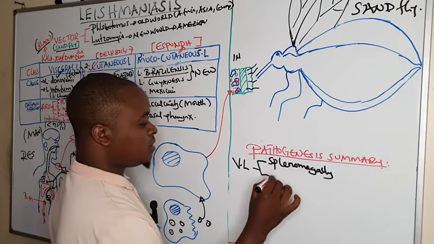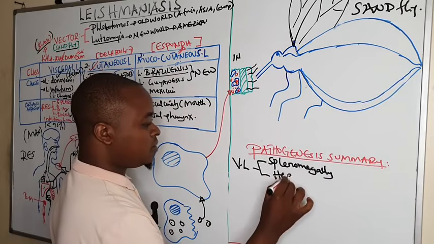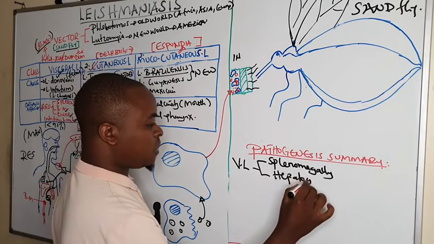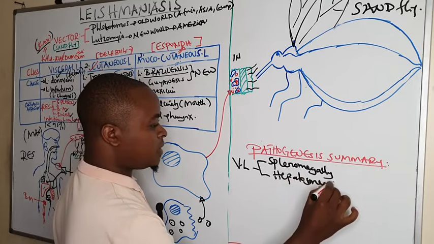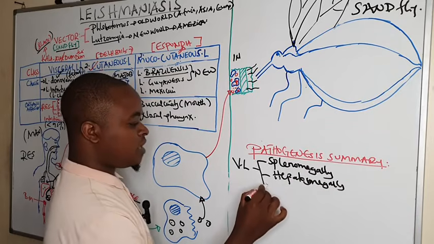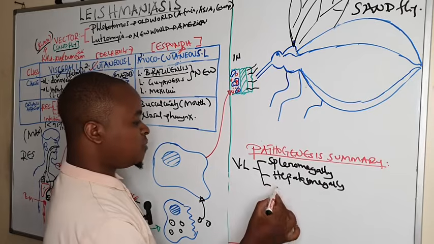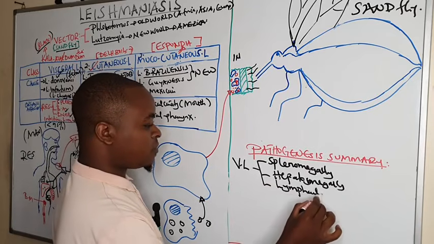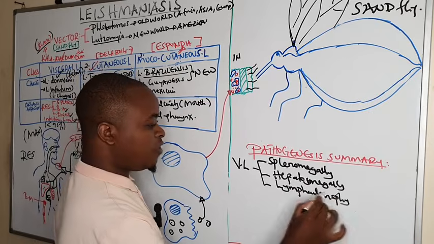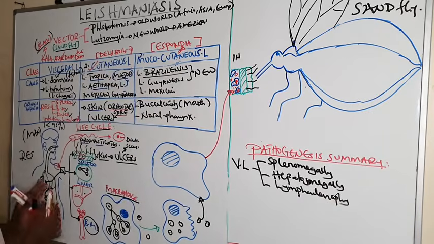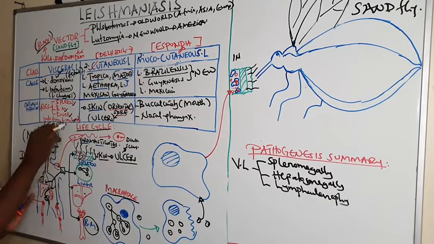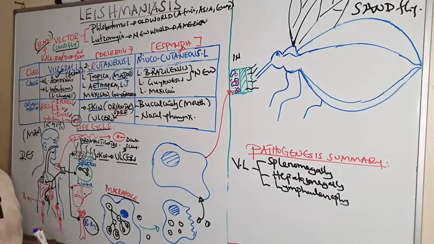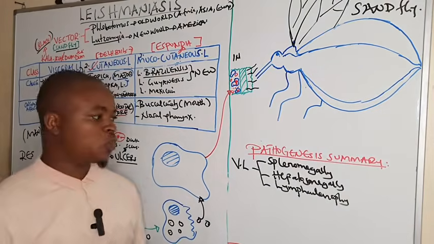We're going to see hepatomegaly, that is the enlargement of the liver cells, and sometimes we are going to see lymphadenopathy. That is enlargement of the lymph nodes, because we said this visceral Leishmaniasis goes ahead to affect also the lymph nodes. So we can find also the lymph nodes swelling.